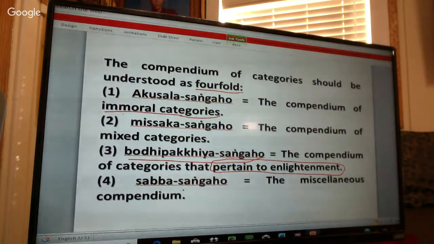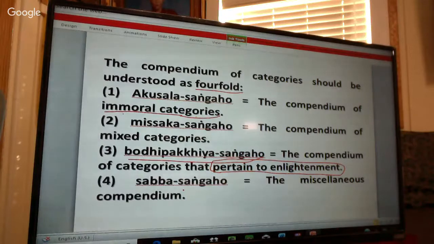Missaka and Sabba. Missaka is just a mix, meaning not all; maybe at least two things we call a mix. But Sabba is all. Dhamma is more general, and the Sabba Sangaha is all Dhamma.